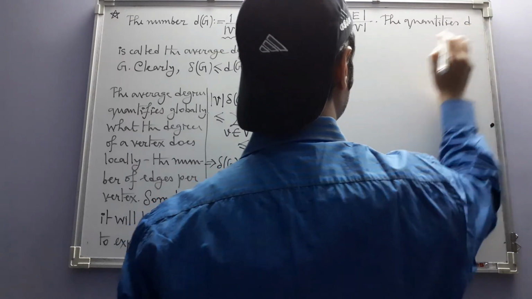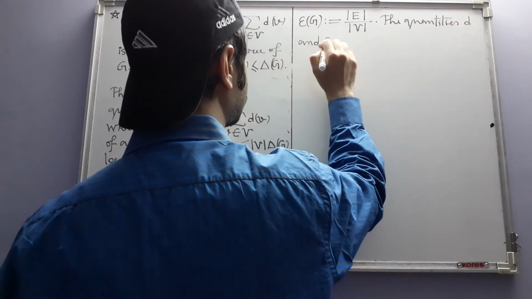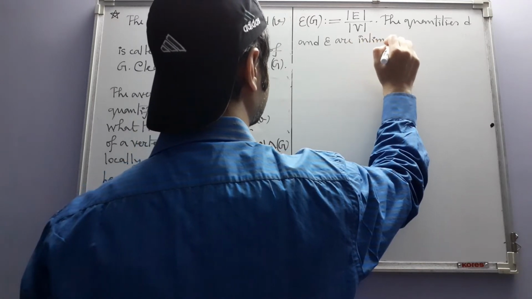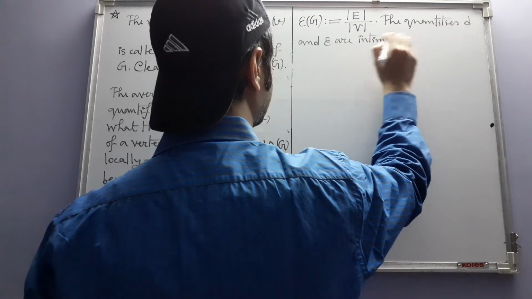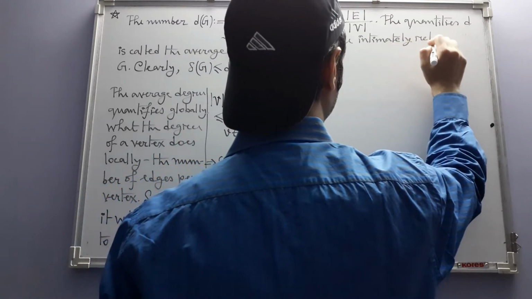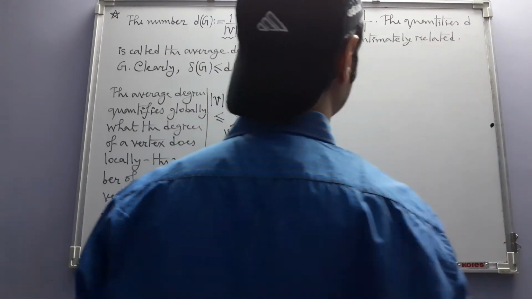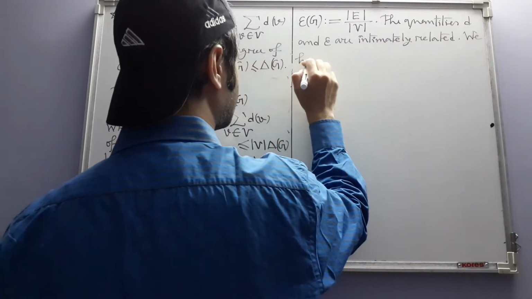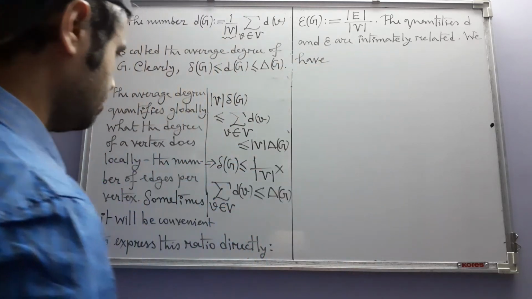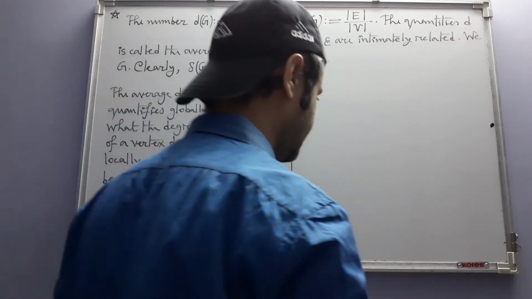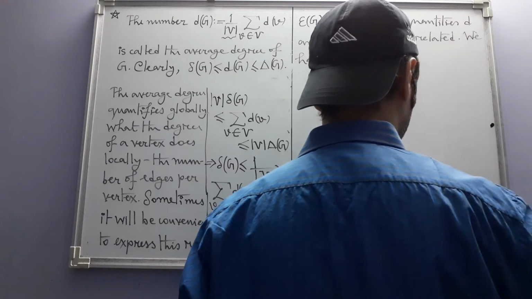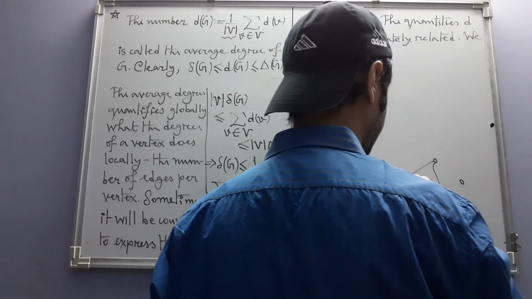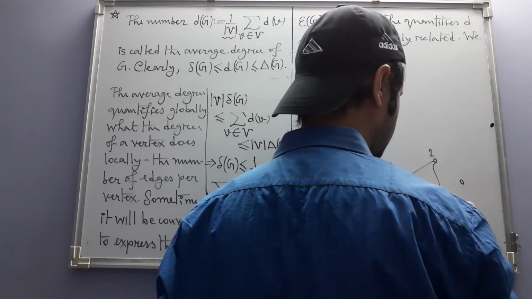The quantities d and epsilon are intimately related. Anyway, let's draw that graph again. 1, 2, 3, 4.